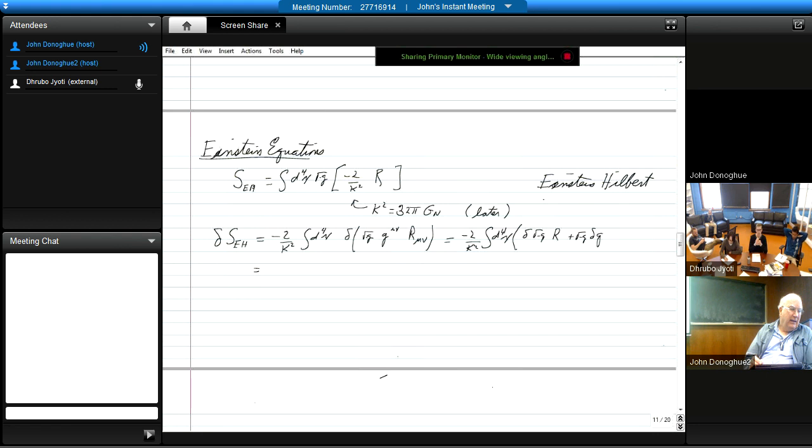I then have the square root of minus g, delta g^{mu nu}, and R_{mu nu} left over. And then I've got the square root of minus g, g^{mu nu}, and I'm going to vary R_{mu nu}.